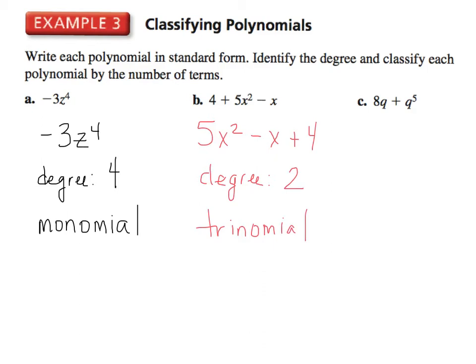Lastly, this one would be q to the fifth plus 8q. The degree would be what? It is 5, and this would be a binomial.